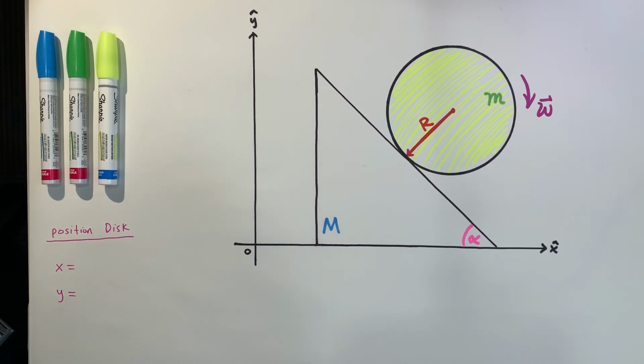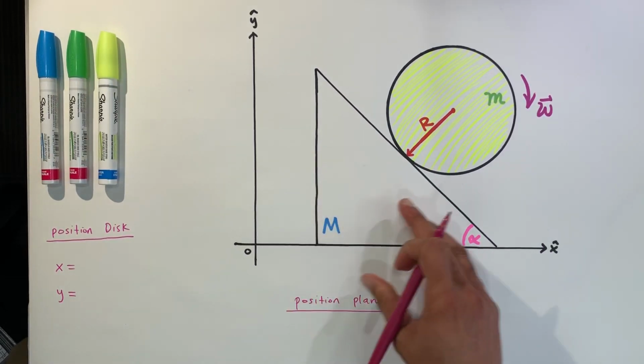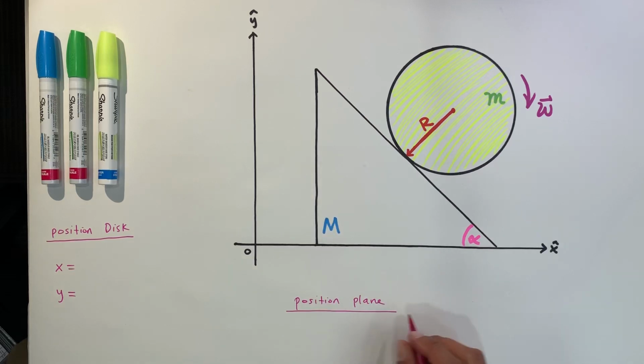And I also want the position of the plane, which is this entire thing, as it moves to the left. So we'll just write it here: x is equal to, y is equal to.